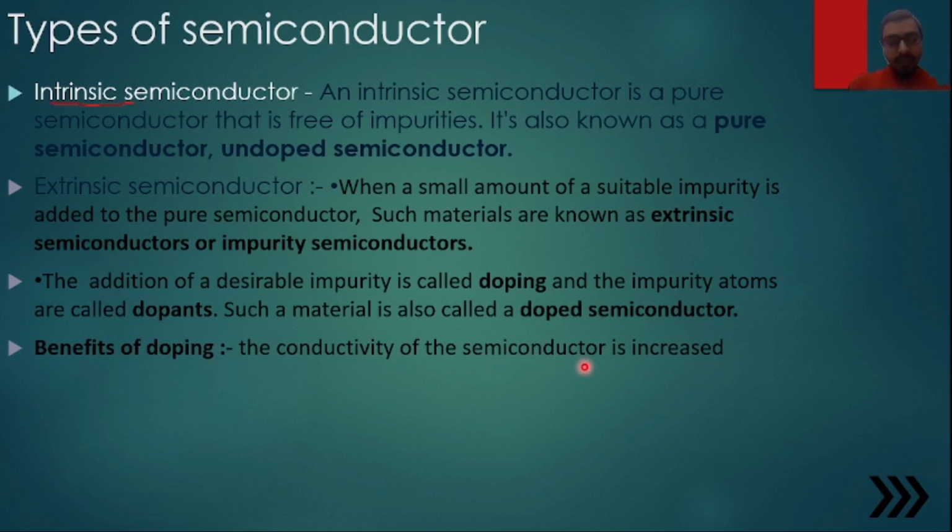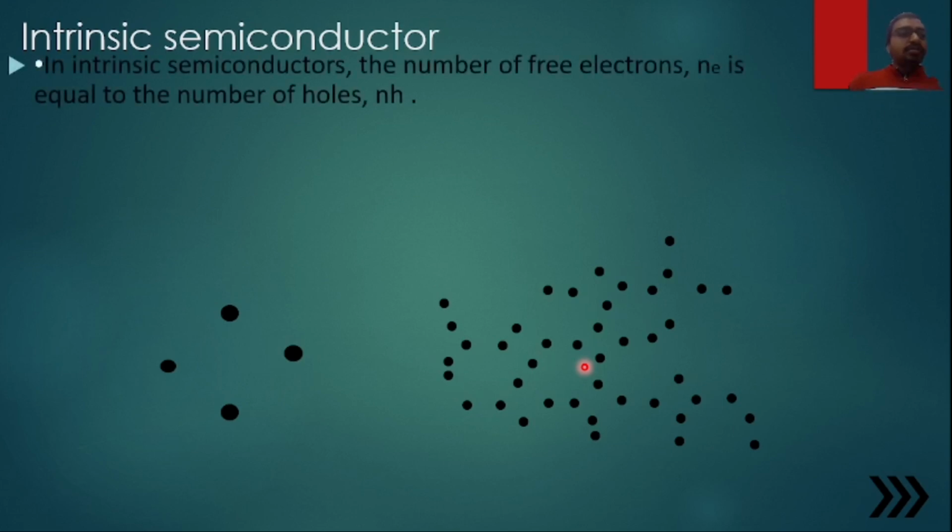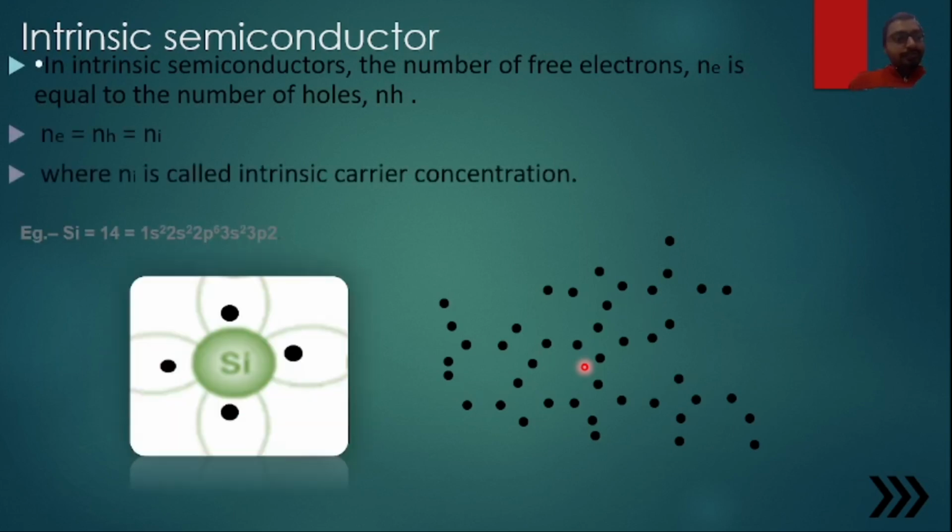Now let's have a discussion on intrinsic semiconductors. As we have already discussed, an intrinsic semiconductor is a pure semiconductor, and we will discuss it with an example. Let's take the example of silicon. The atomic number of silicon is 14.